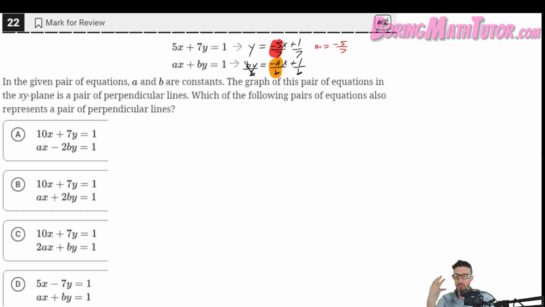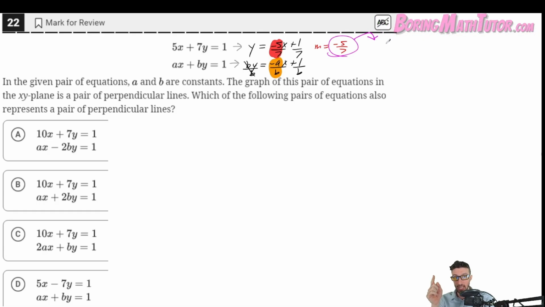So what I really should have done after I got this slope was take the negative reciprocal of it. Now that would make it 7 over 5. So that must mean that negative a over b must equal 7 over 5. Okay, so I can say that positive a over b is equal to negative 7 over 5.